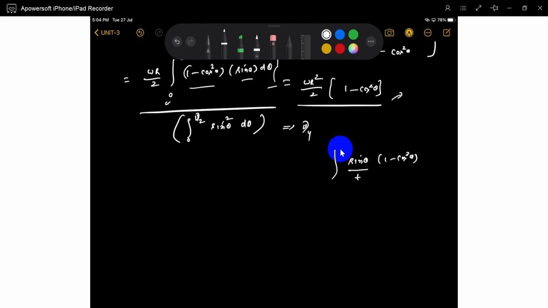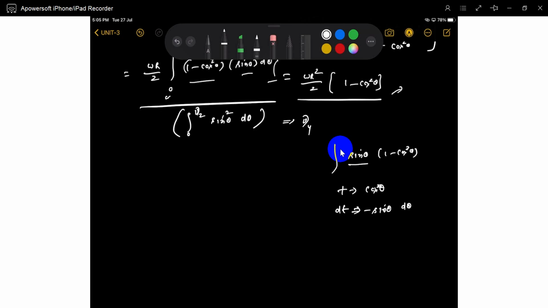First, see, I will take t as cos theta, so dt is minus sin theta d theta. Okay, sin theta d theta, that's it, with the negative sign.